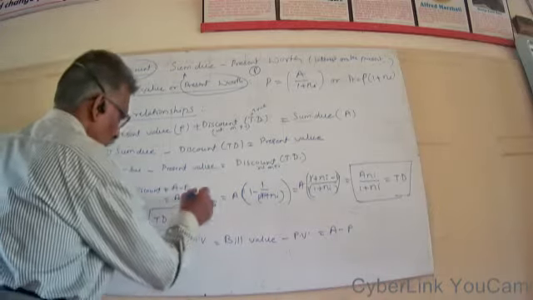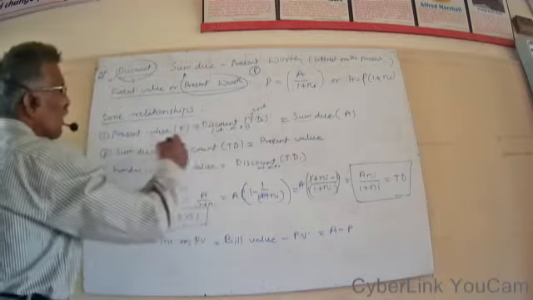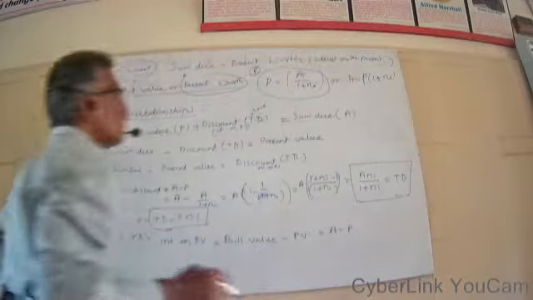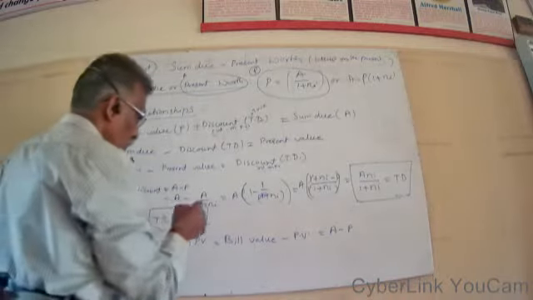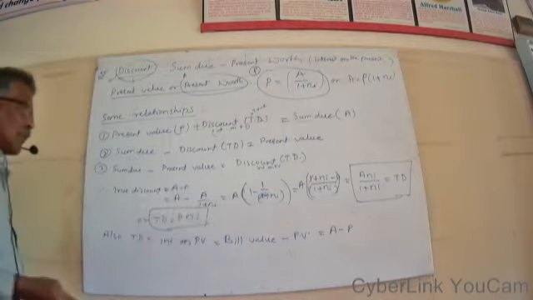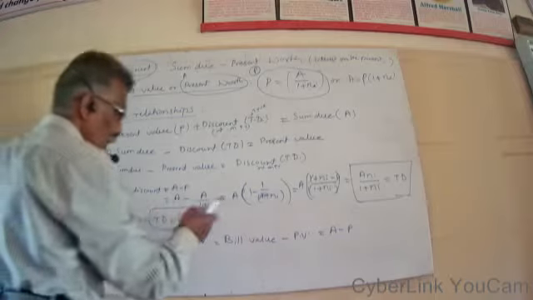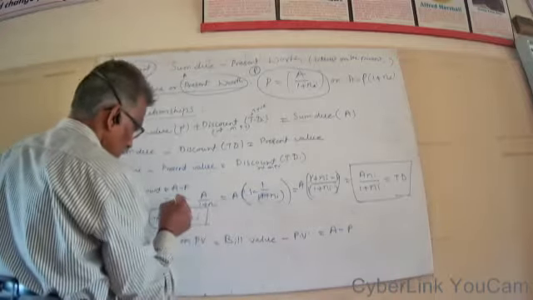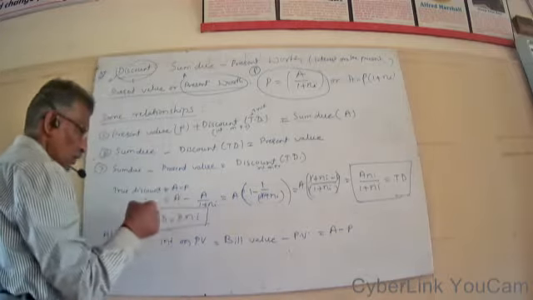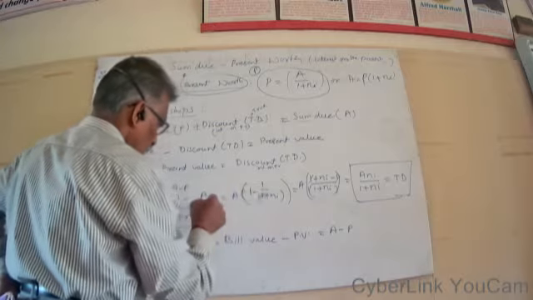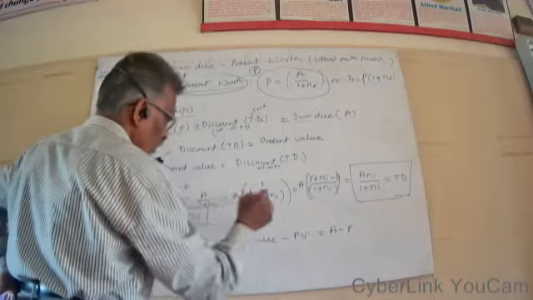So A minus present value, the present value formula is A divided by 1 plus Ni. Substituting that value, A minus A upon 1 plus Ni. Taking A common, if you keep A outside, inside the bracket it becomes 1 minus 1 upon 1 plus Ni.